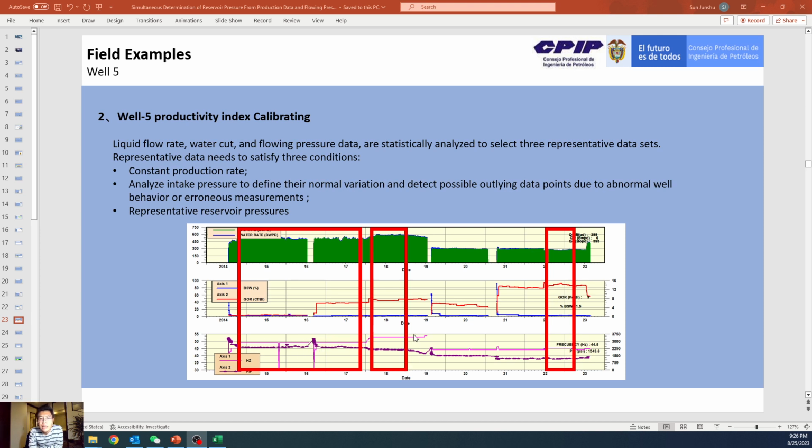The second period is from February 2018 to January 2019. The fluid is around 6 barrels per day, and the ESP frequency is at 43.5 Hz.